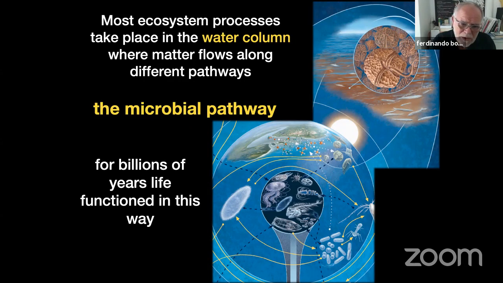But for billions of years, life functioned just in this way before metazoans and higher plants evolved. Every once in a while, the microbial pathway can prevail over the rest of the functioning of ecosystems, and we have noxious algal blooms like the ones you see on the upper right of the drawing.